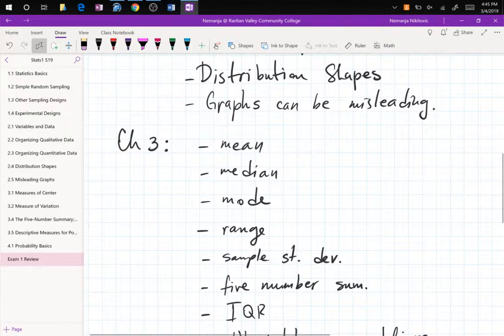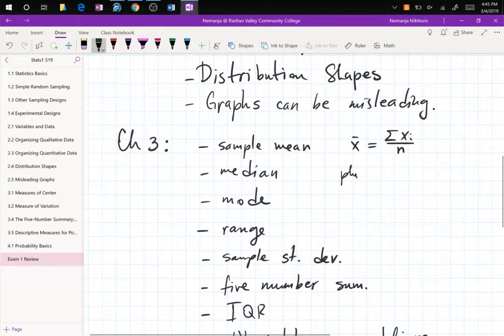So what is important here? Your sample mean, maybe I should change this into a sample mean. There we go. And that's going to be our x bar, which was the sum of all values divided by the lowercase n, how many there are. Median was the, I'll call it physical middle.